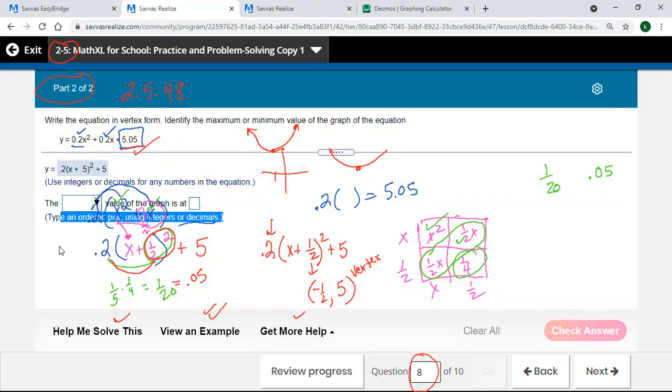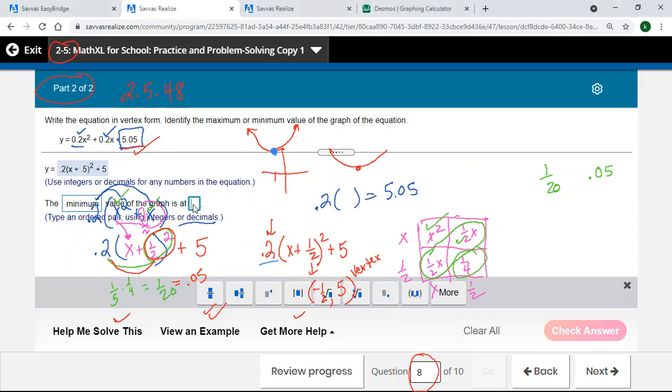Then it says, since this is opening up, remember the 0.2, it's opening up. So this is a minimum when we go over. I think that's what this pull down question is going to be asking. It's a minimum, a lowest point.